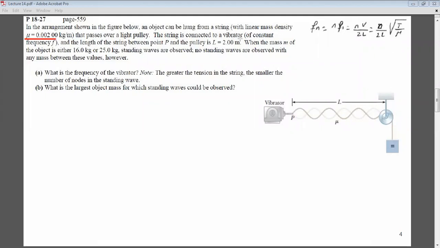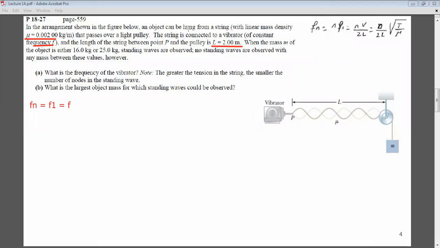The string is connected to a vibrator with a constant frequency, so the frequency is not changing. So I have Fn is equal to F1. All the frequencies are constant, the same. And the length of the string between point P and the pulley is L, so I have L as well. They're giving me L.